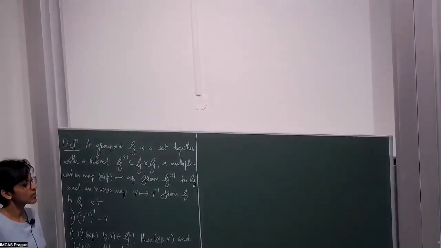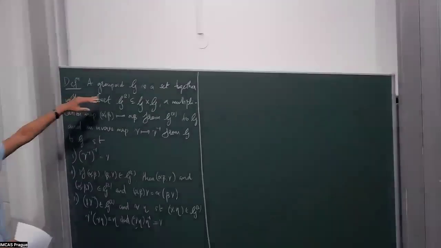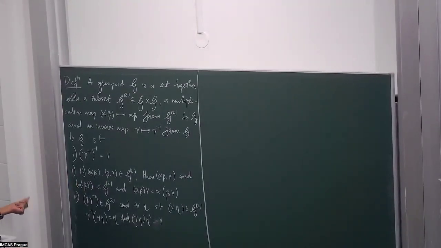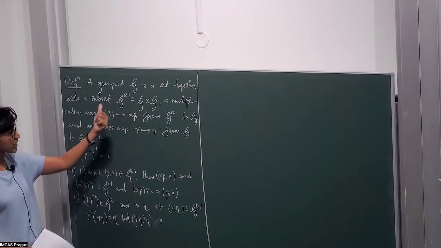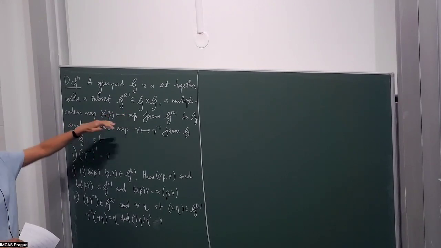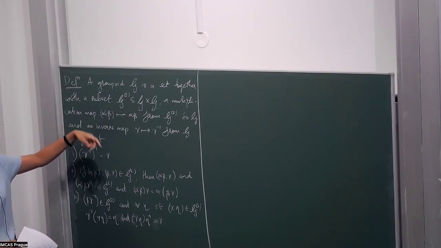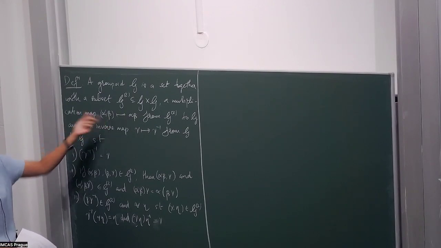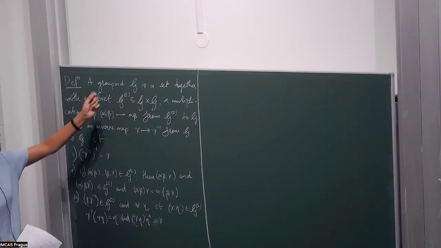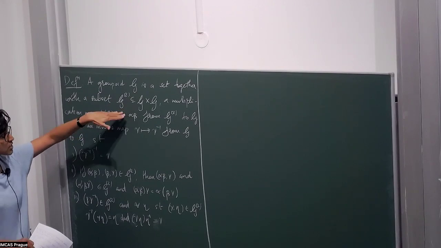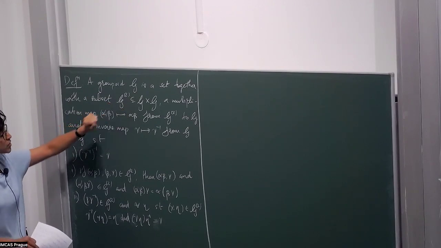So now let's see what it means. A groupoid is just a set, and from the name groupoid, it is something that is supposed to look like a group, or which is kind of similar to a group. So we have a multiplication map, but in a group multiplication is defined on all of the elements, and here it is not defined everywhere. You cannot just randomly pick two elements from G and multiply, but there is a subset, and this is called the set of all composable pairs.